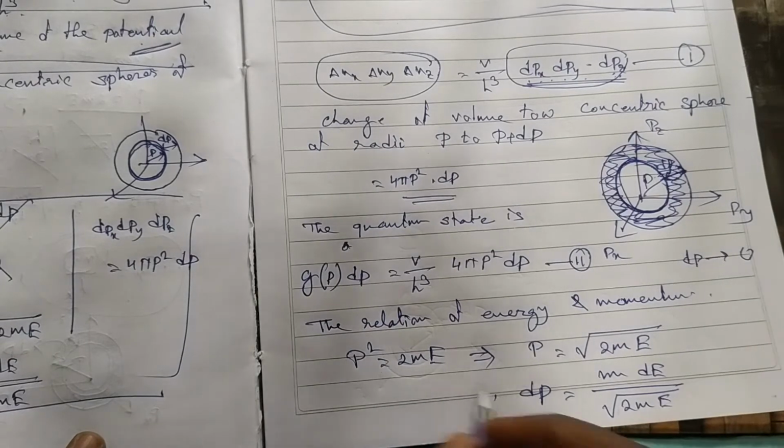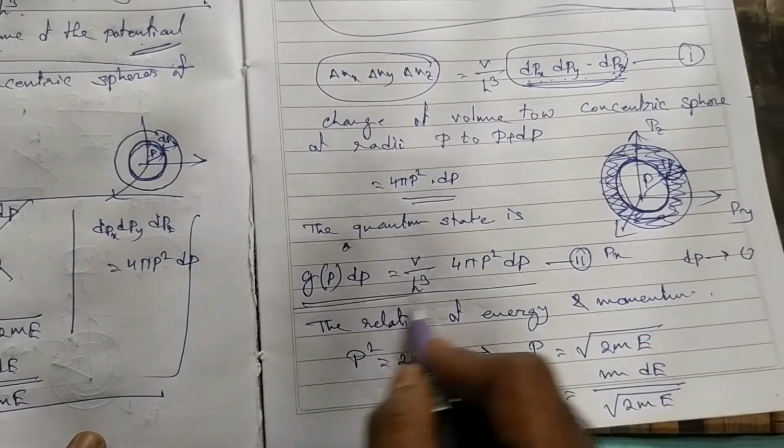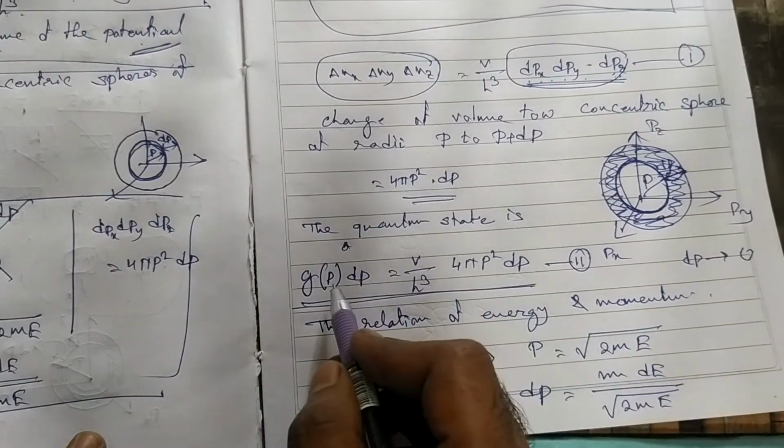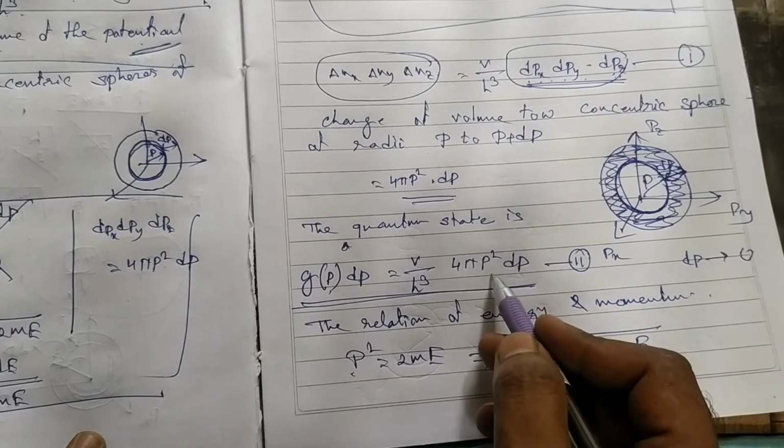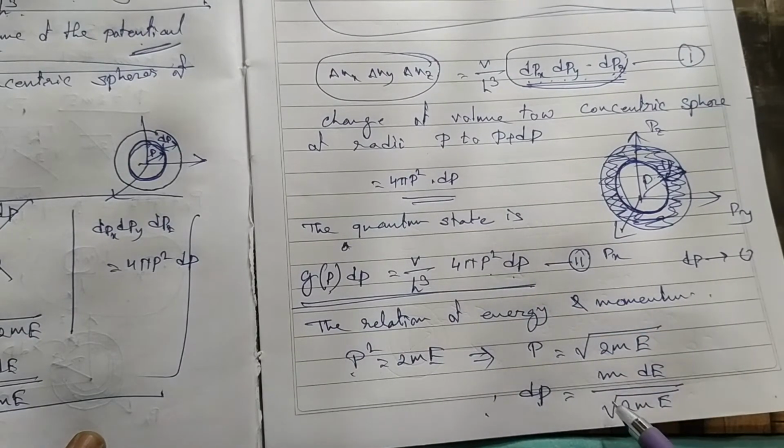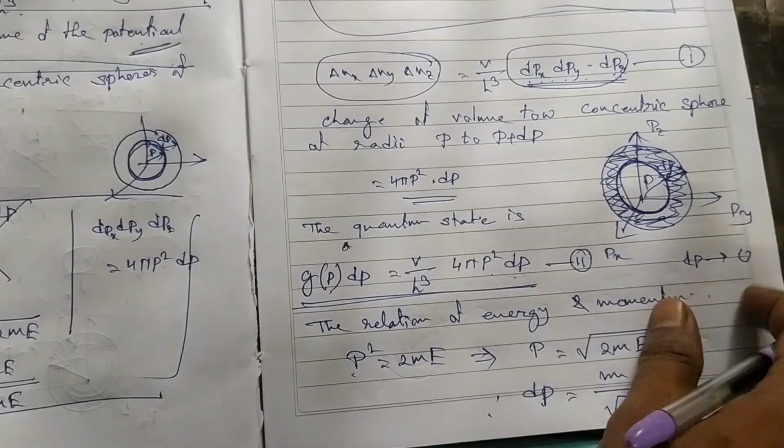Clear? Now we try to convert this quantum state equation in terms of momentum to energy. That's why we need the value of p and dp, because we substitute the p square and dp in terms of energy.